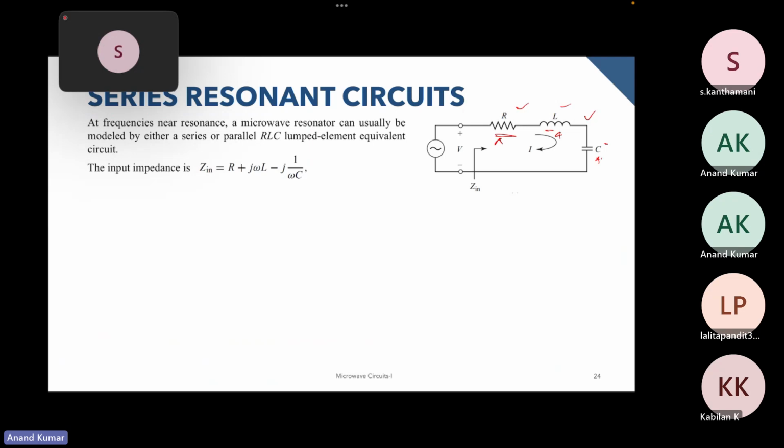So to calculate the input impedance of the circuit looking in from over here, this turns out to be R plus j omega L minus 1 by j omega C. So it's very straightforward. Whatever we look at now, we'll go over quickly because this is something you must have already covered in your network theory or class 12 physics.